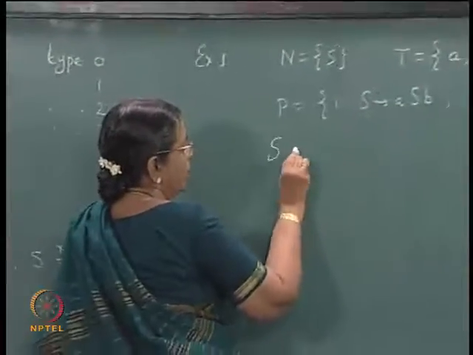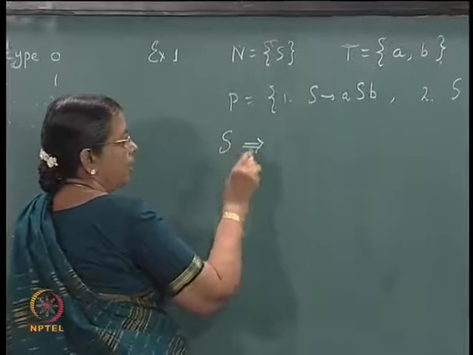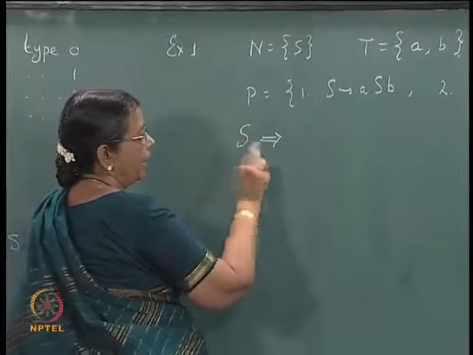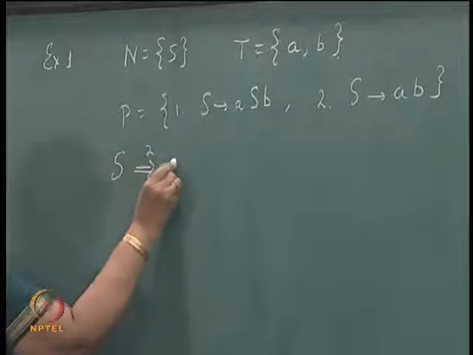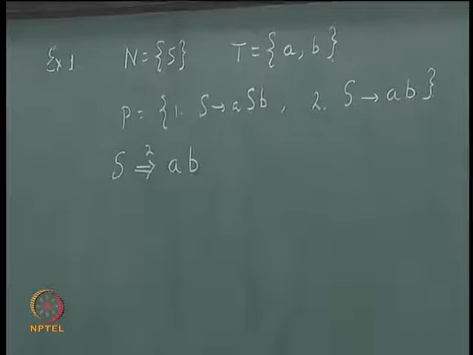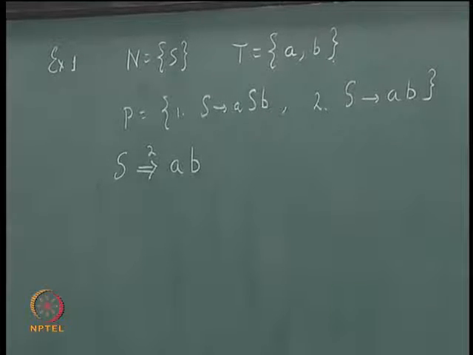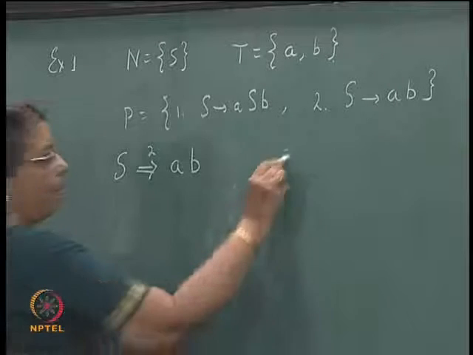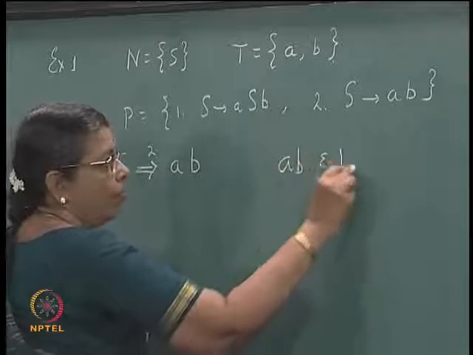Using the second rule alone, starting from the start symbol, you will get AB. So AB is a string which belongs to the language generated. So I can say AB belongs to L of G.